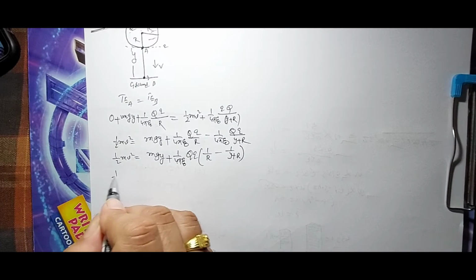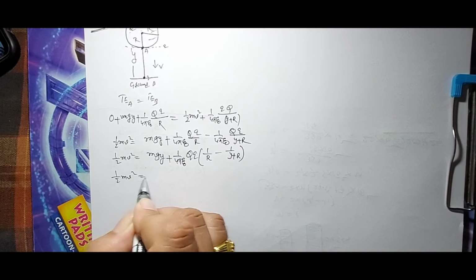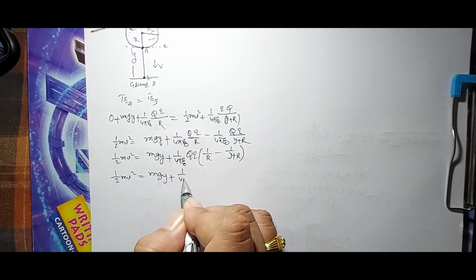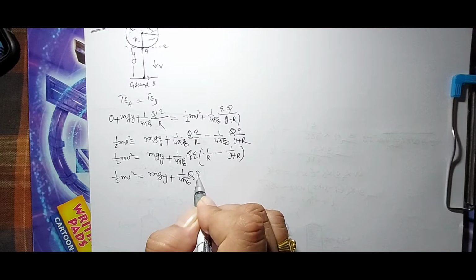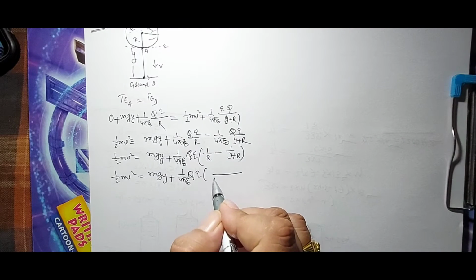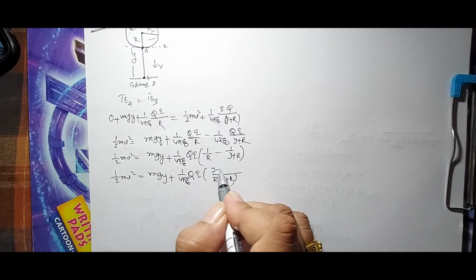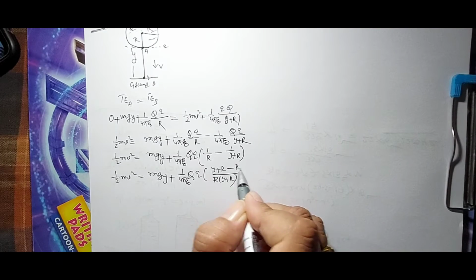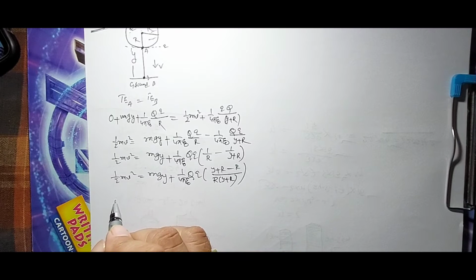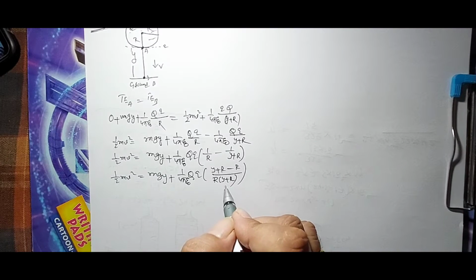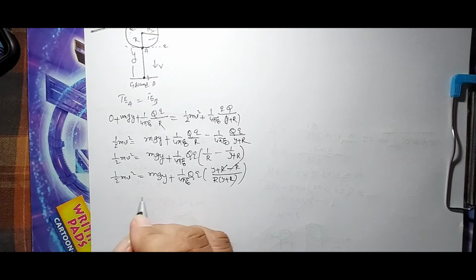Now (1/2)mv² = mgy + (1/4πε₀)Qq, here take r into (y+r) as the LCM, so that is equal to (y+r−r). The r gets cancelled.